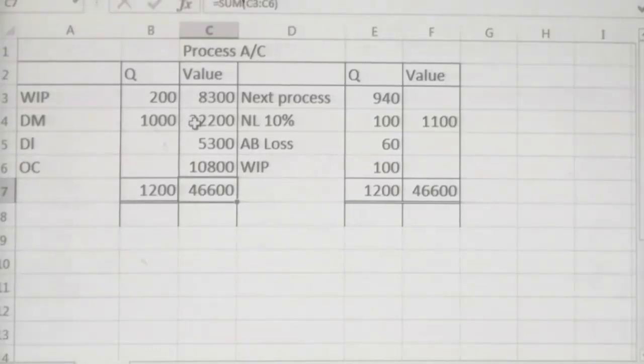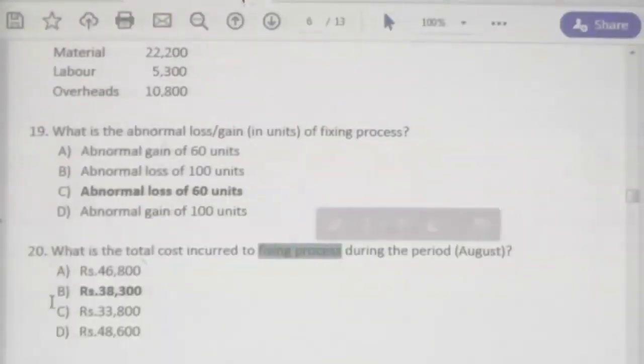Therefore, cost incurred only in August is these three highlighted numbers: 22,200, 5,300 and 10,800. The sum of these three is 38,300. Therefore, the answer is 38,300.